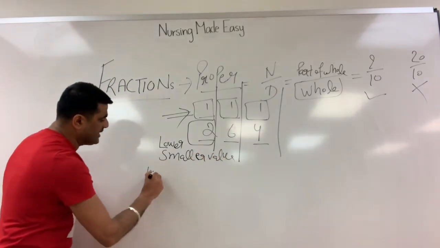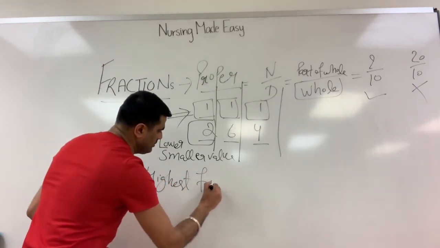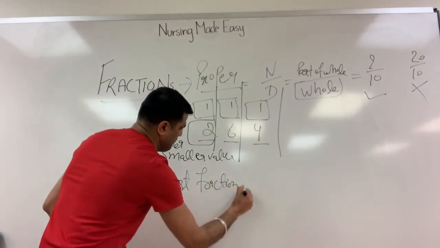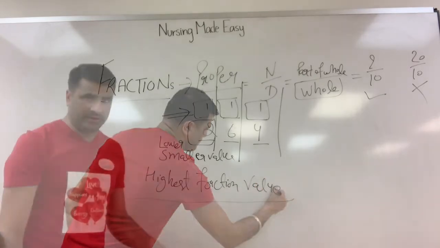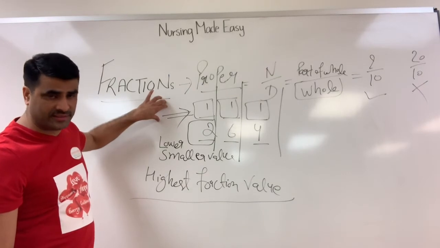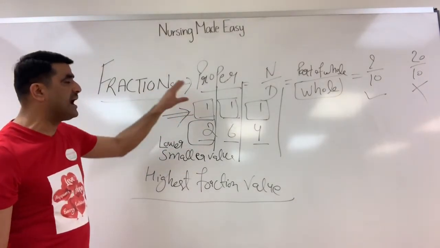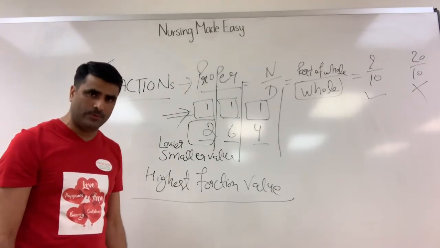The formula is, when numerators are the same, then denominator with a smaller value will have a higher fraction value.